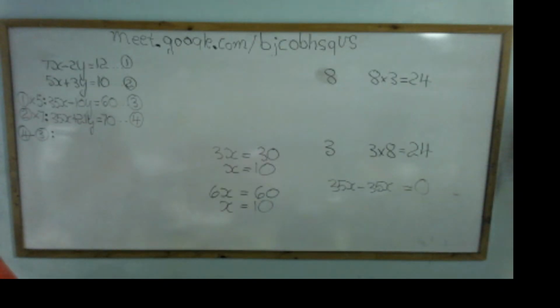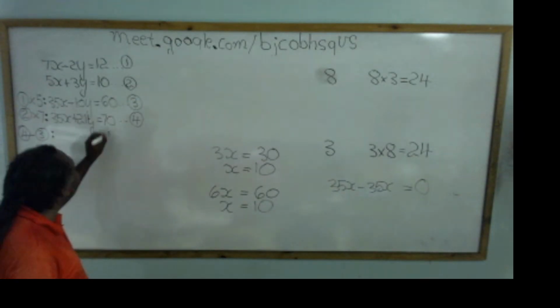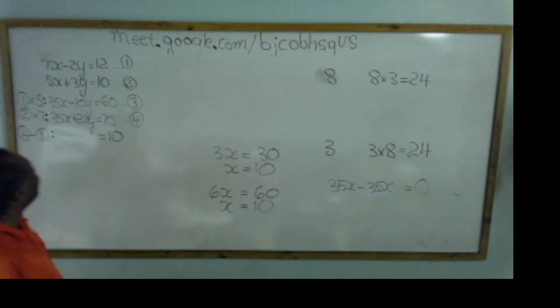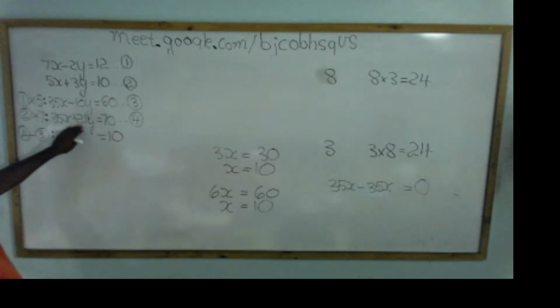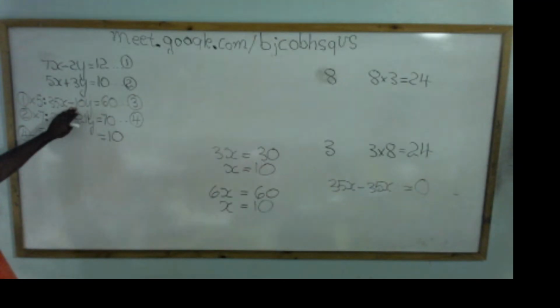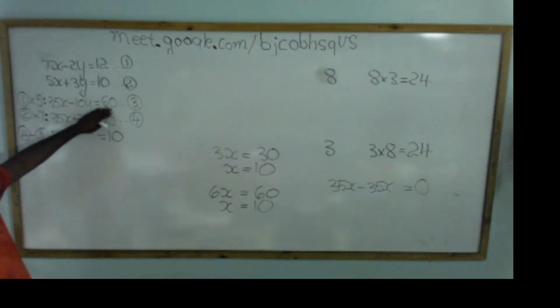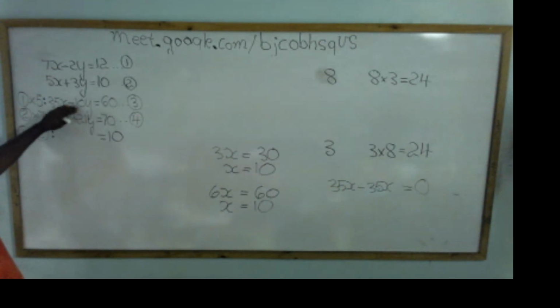So of course, 35 minus 35 will be eliminated, and 70 minus 60 is equal to 10. What about what we have here? 21 minus negative 10, because we're subtracting. So it is 35 minus 35, it is 70 minus 60, but here it is 21 minus negative 10.